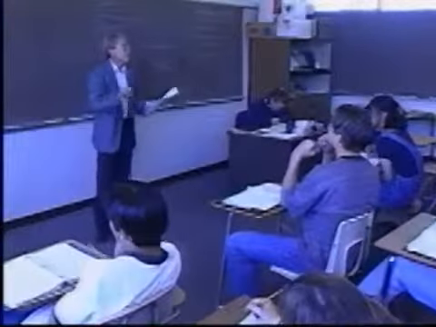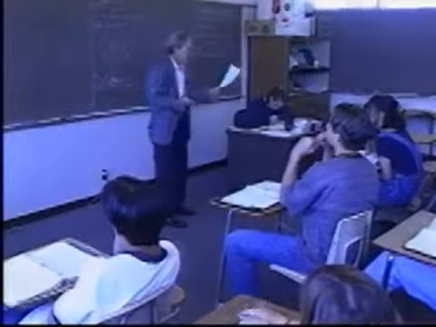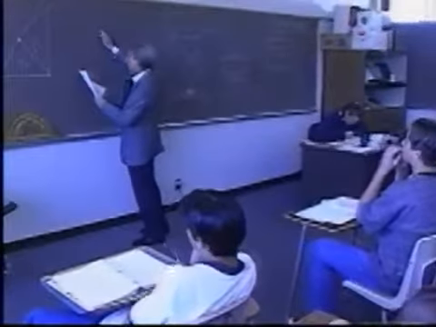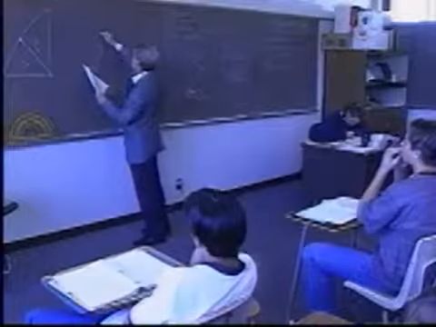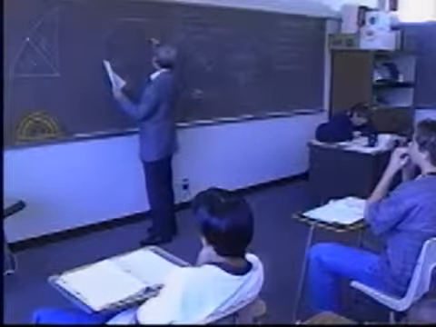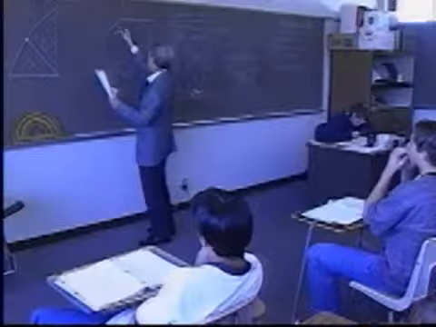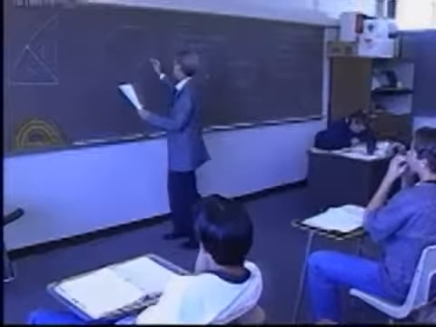Let me see if I can recreate the figure here for you. One was here, then the line came down here, then went back here. 1, 2, 3, 4, 5. This is about what it looked like.